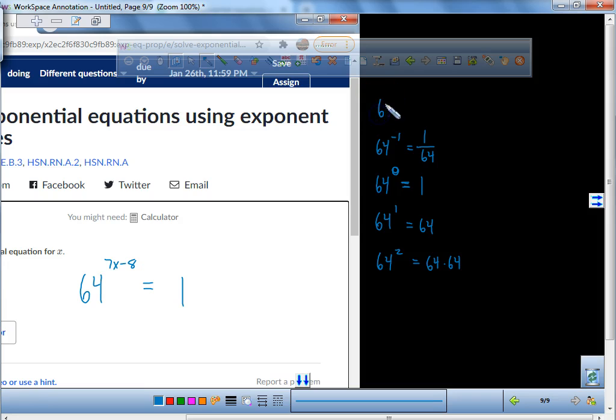And 64 to the power of negative 2 would actually equal 1 over 64 squared. And that's how it keeps going.